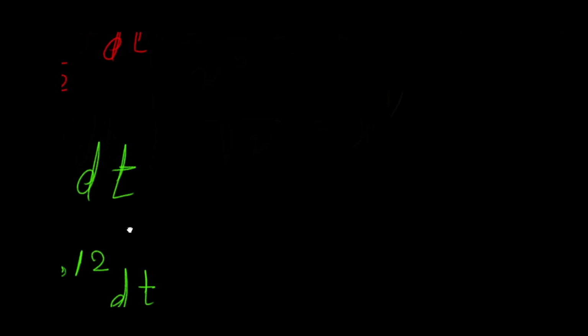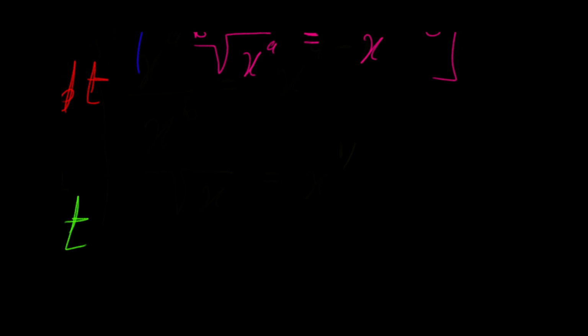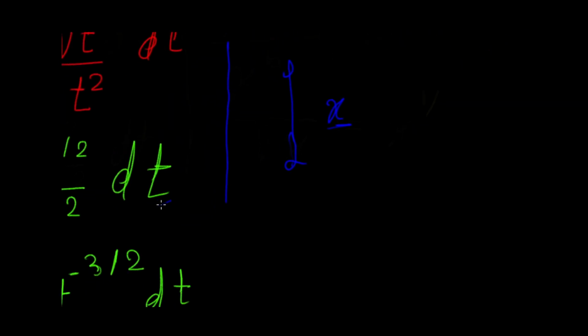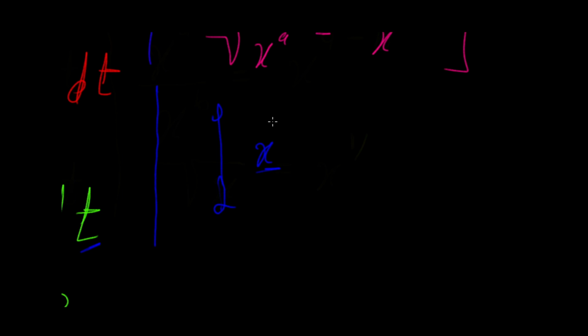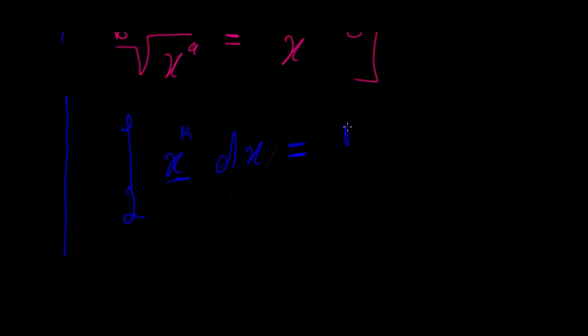Let's take a look. By the way, the integration table, I have left a link in the description if you'd like to check it out. And one of these integrals in the integration table says that when we have x, or the variable, here our variable is t, x to the power of k dx is equal to 1 over k plus 1 times x to the power of k plus 1.